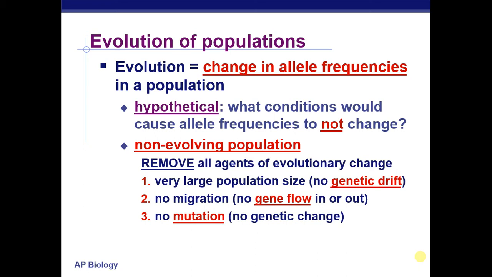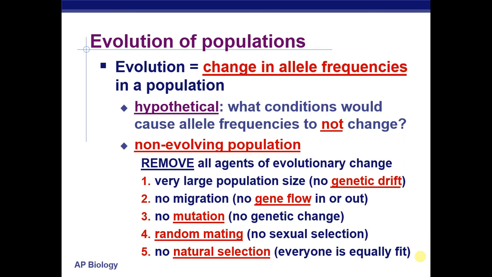There's no variation, so no mutation happens to change the gene pool at all. There's random mating, so we get rid of sexual selection; there's no way to figure out who's more likely to be sexually selected than the other. And most importantly, there's no natural selection, so each organism, independent of their assortment of genes, is equally fit to survive and reproduce. These are what is necessary for a non-evolving population.